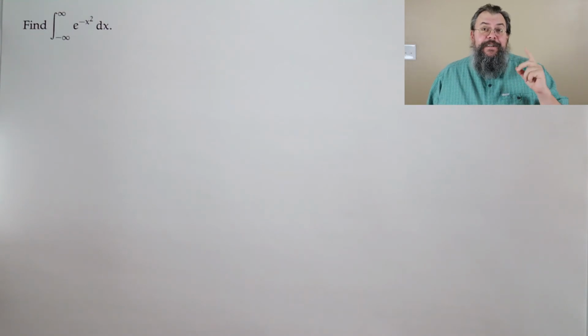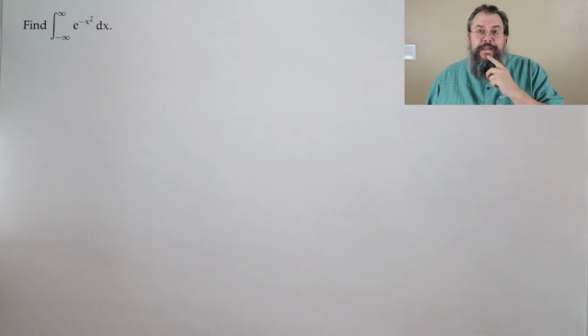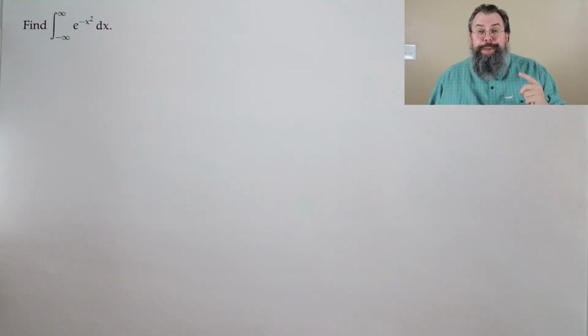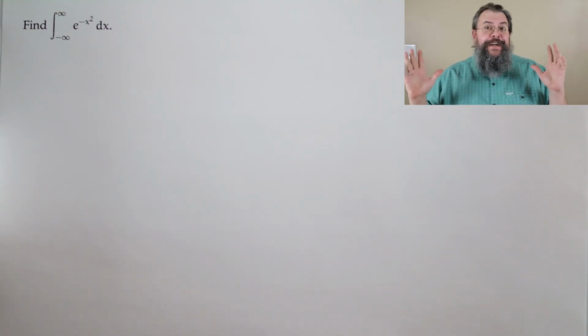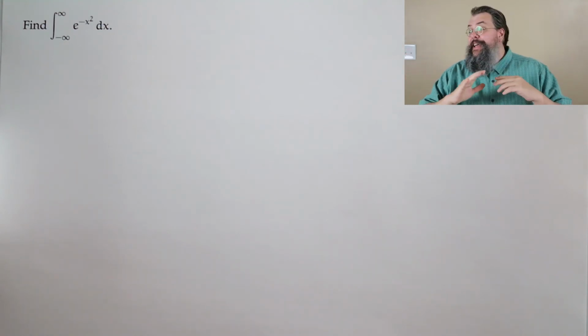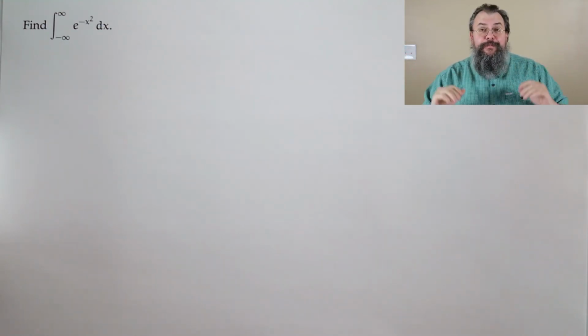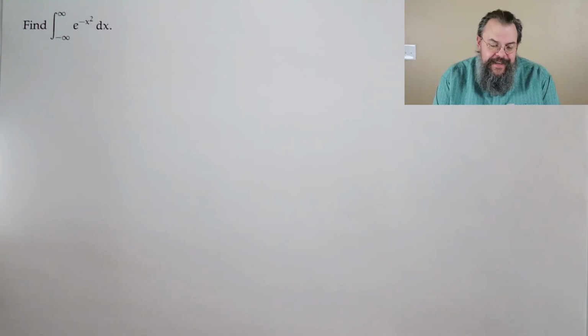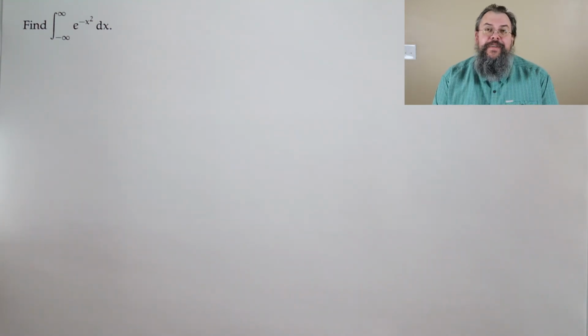And it gets even more strange because this is a single variable integral. What is it doing here in multivariable, and multivariable with polar? What? Crazy. Okay, so we're actually going to find this integral.